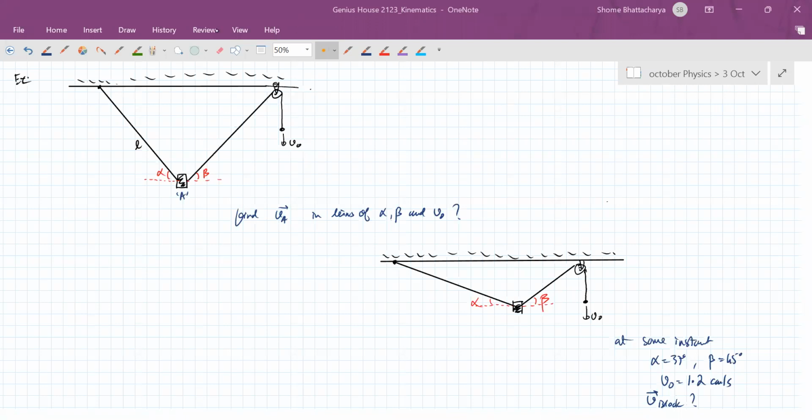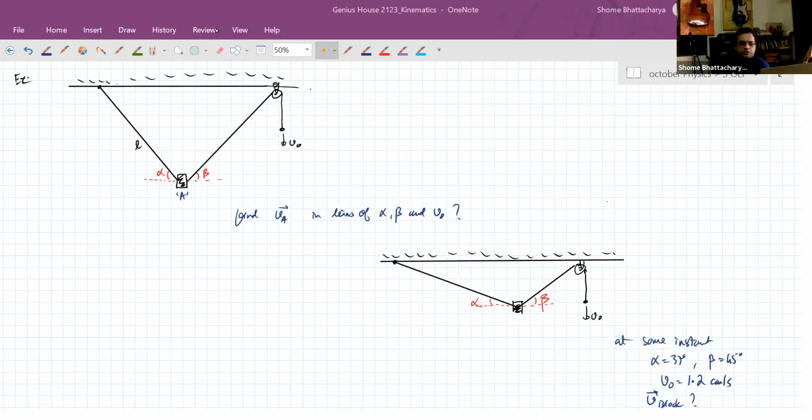Okay, so can anybody tell me how to determine the direction of the block's motion? As you're pulling this end of the string down, what kind of path will the block be taking?